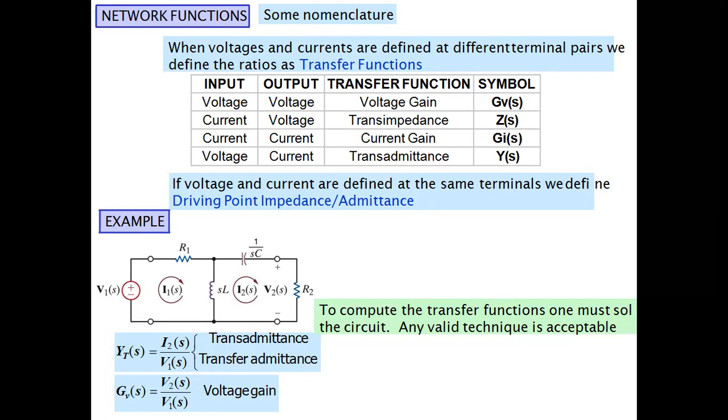And if we are having the output voltage in the numerator and the input current in the denominator, we have seen the different parameters used in RLC circuits, like transmission parameters, trans admittance, ABCD, hybrid.